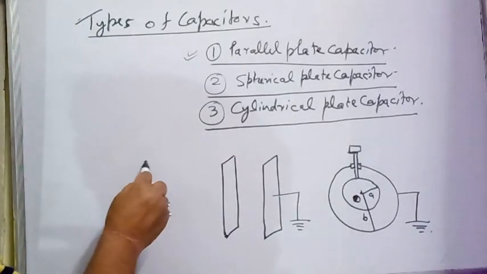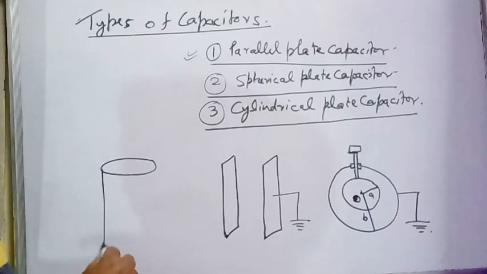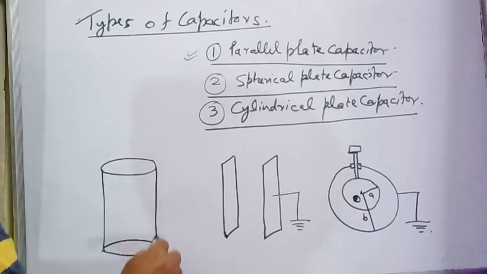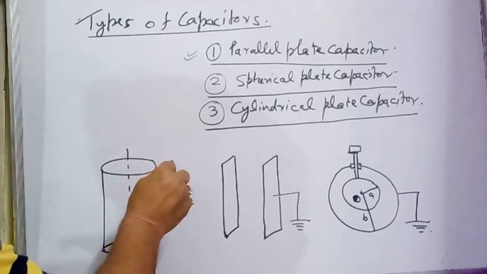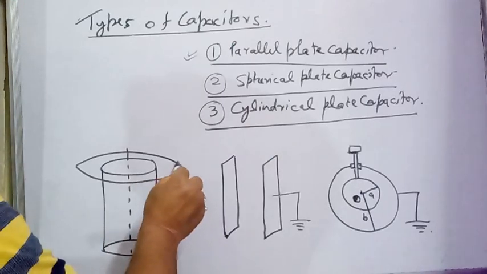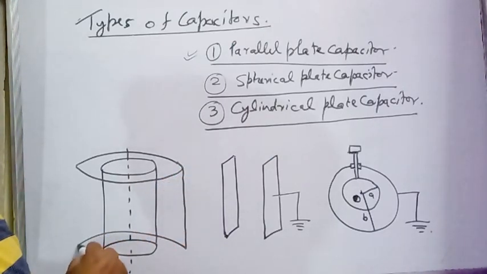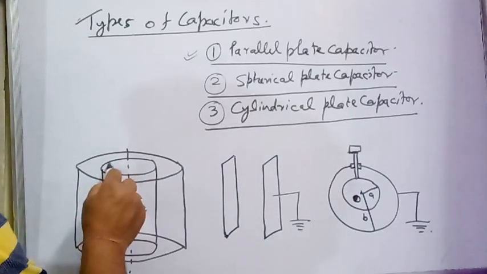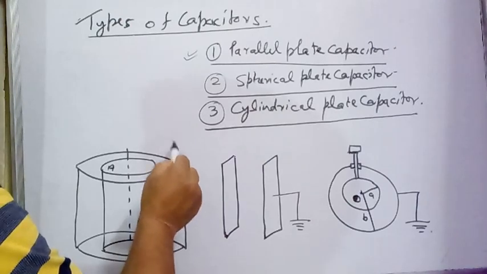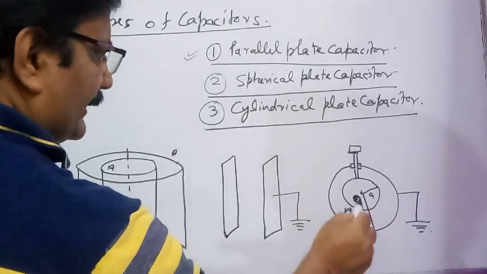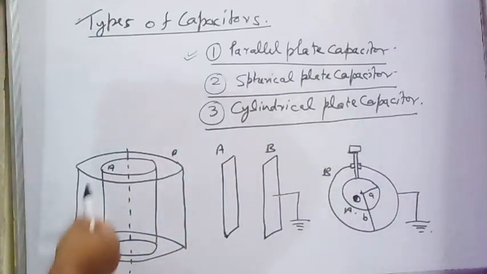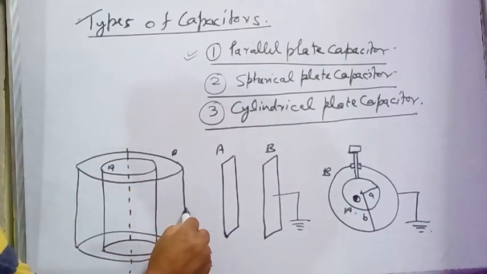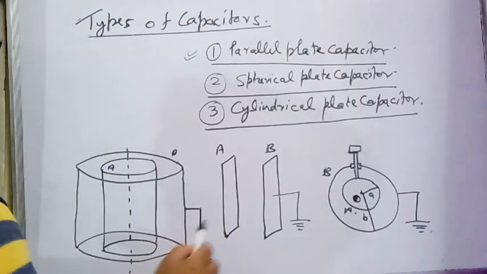If the plates of the capacitor are in the form of coaxial right circular cylinders of different areas, this is plate A, this is plate B. The inner plate is A, the outer plate is B. If the inner plate is storing charge, then the outer plate is connected to the earth.